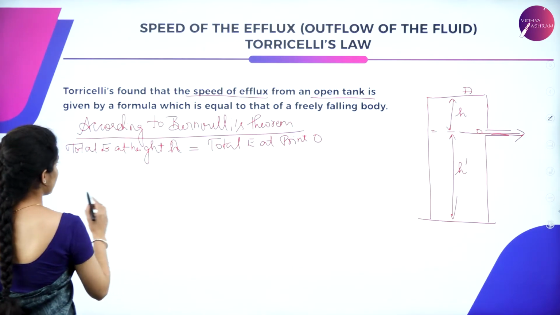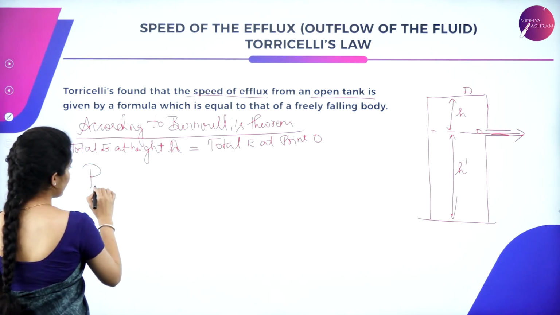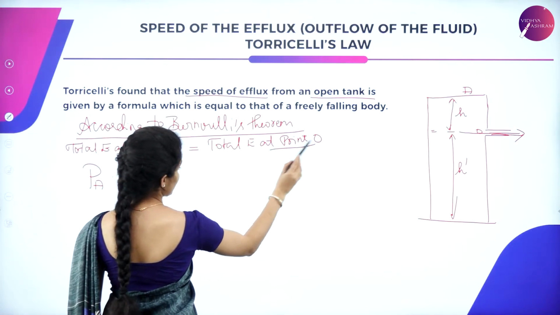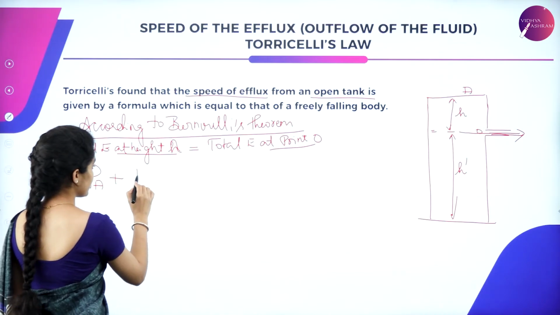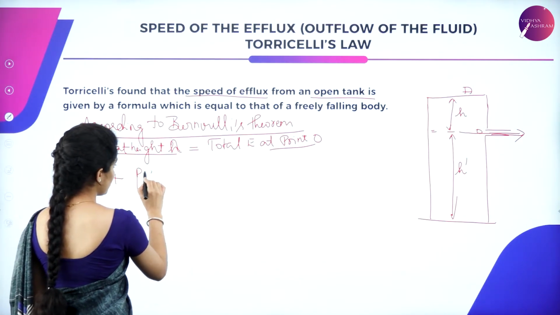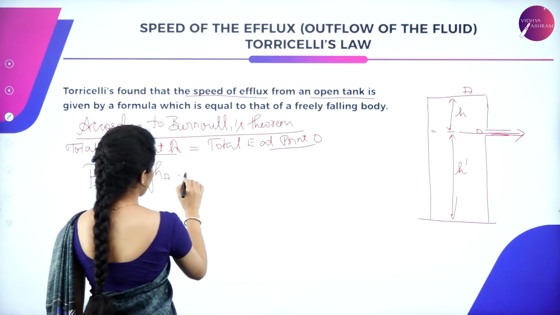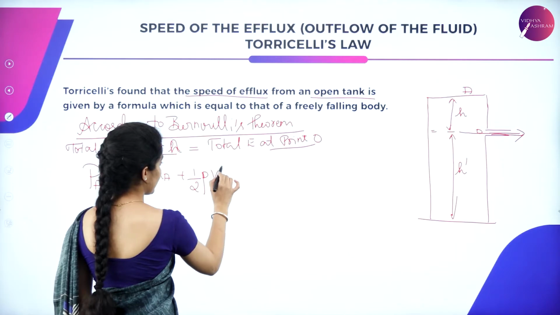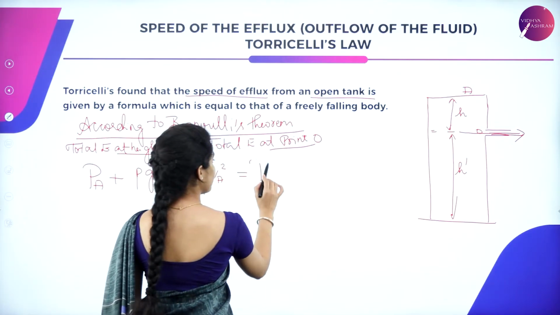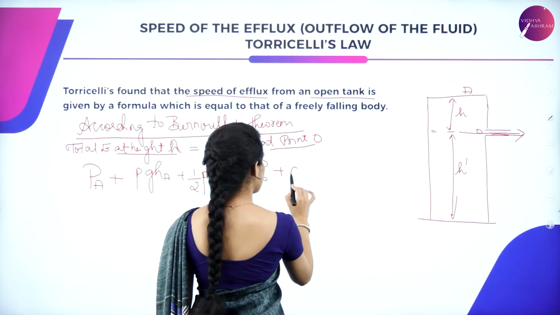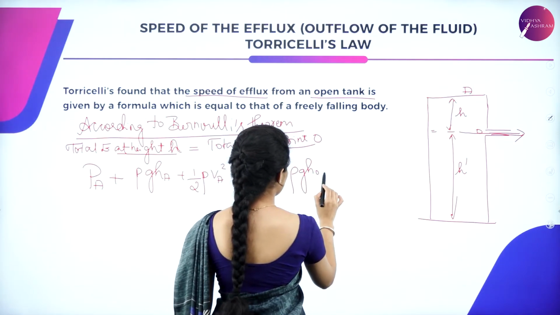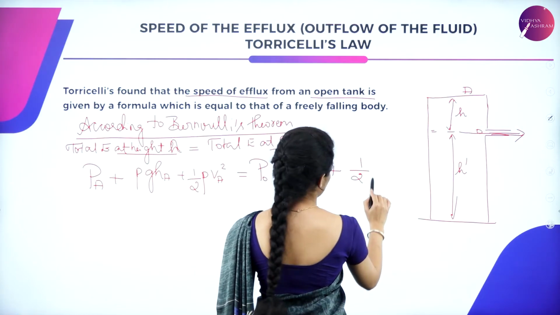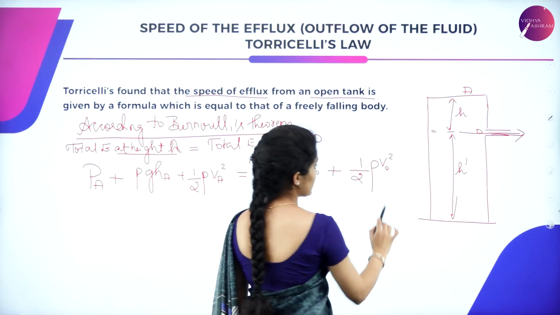According to Bernoulli's theorem, we have pressure P_A plus rho g h_A plus half rho v_A squared, equal to pressure at point O plus rho g h naught plus half rho v naught squared.